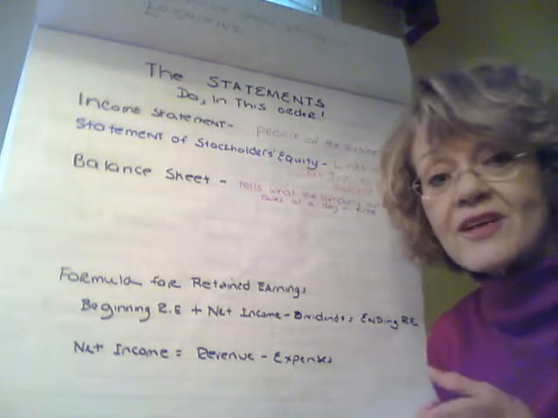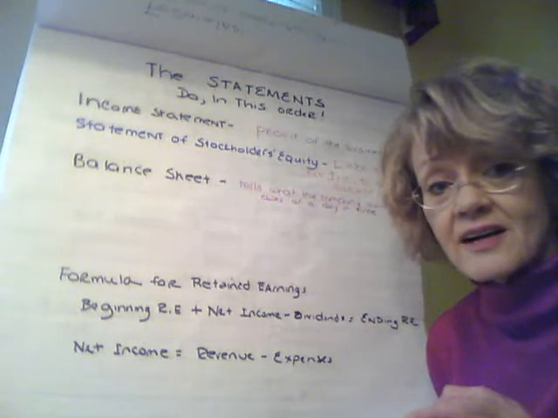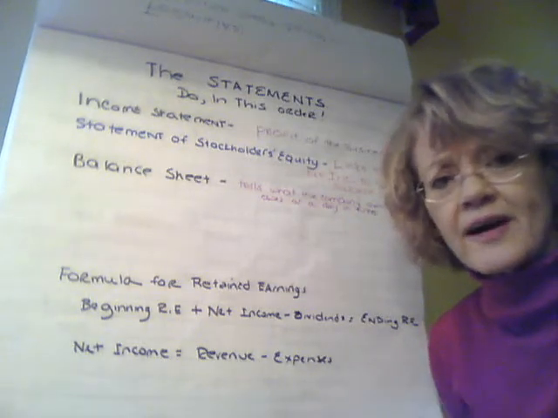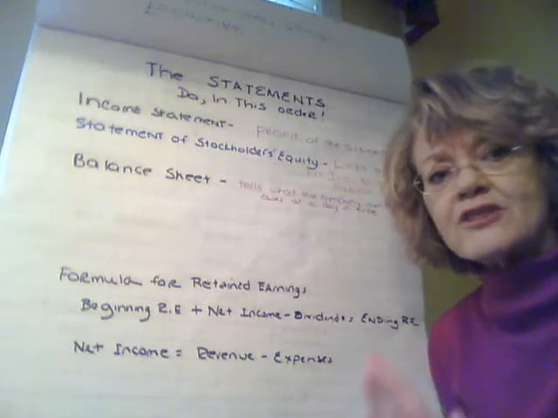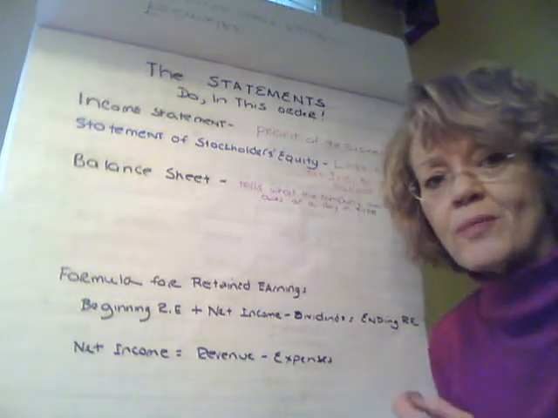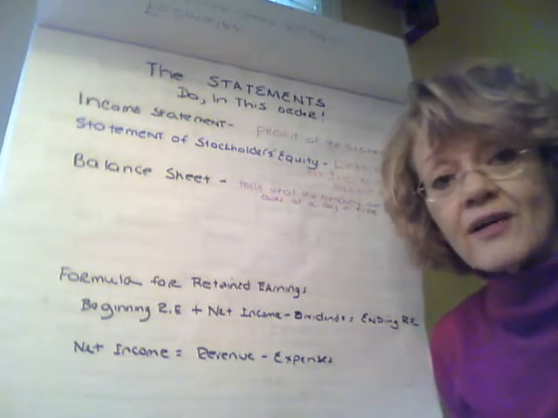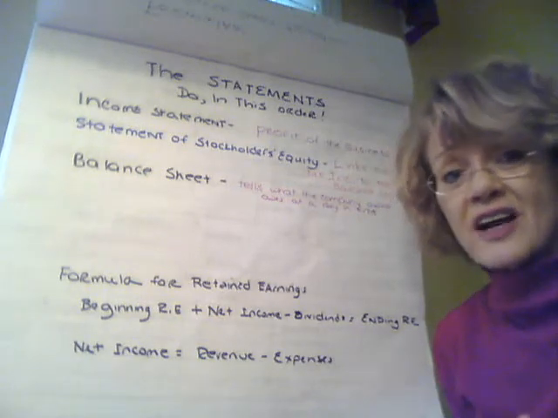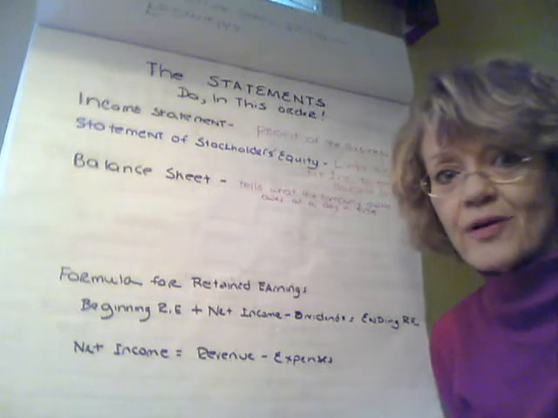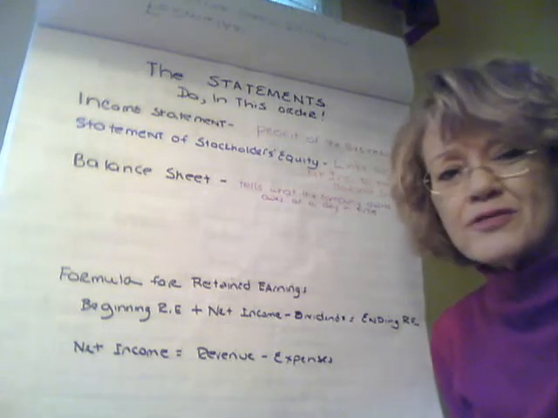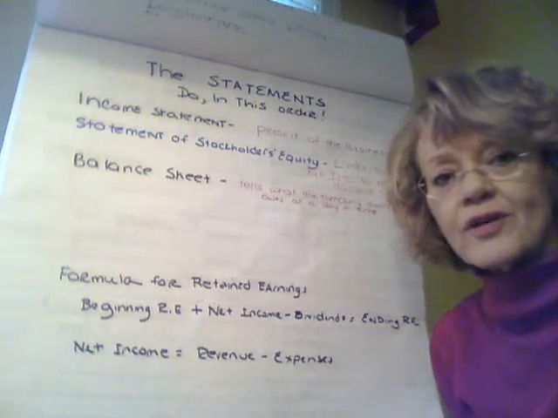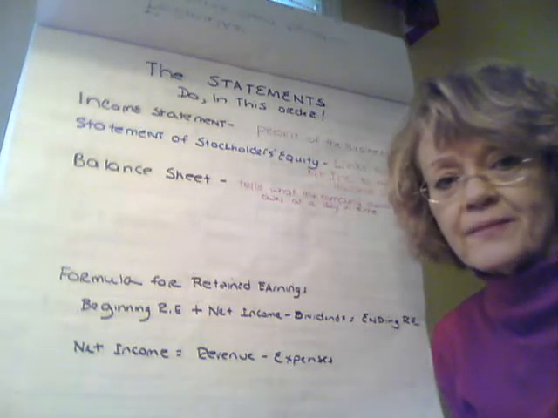The only thing that ever changes common stock is if you issue more or if the company buys it back, but we're not going to buy any back. So if we issue new stock, that will show up on this statement. If we don't, it will just stay the same. Retained earnings is going to change every period because you're going to have profit or loss, even if you may not have dividends. So those two things are going to be shown on this statement of stockholders' equity.